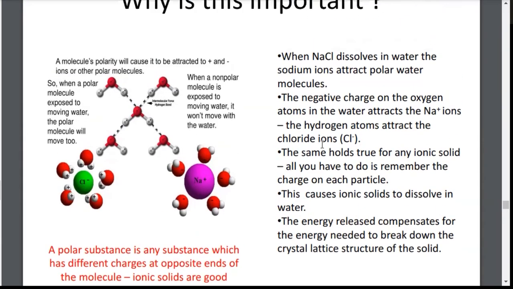So that's what happens. Sodium chloride dissolves in water, the positive and negative parts of the particles attract each other, and the same happens with any ionic solid. All you have to do is remember which part of the substance is negative, which part is positive, and you can go from there.